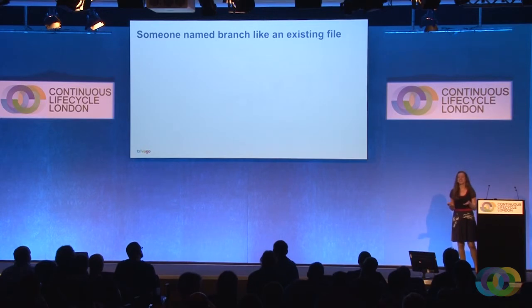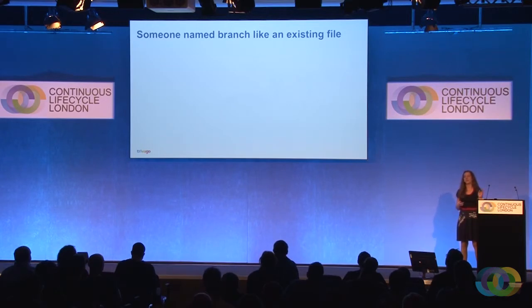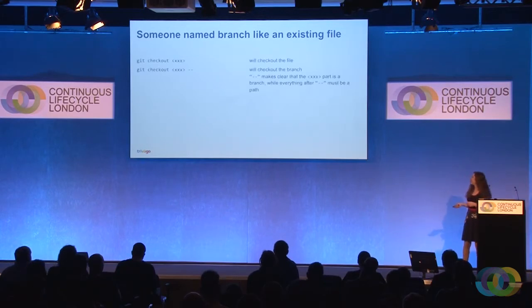So he was trying to check out this branch, composer.json, and obviously that doesn't work because if you type git checkout composer.json, it will check out the file. But when you append a minus minus, you trick Git into thinking there's a file coming afterwards, so it will think that composer.json is the branch. So that way it worked.